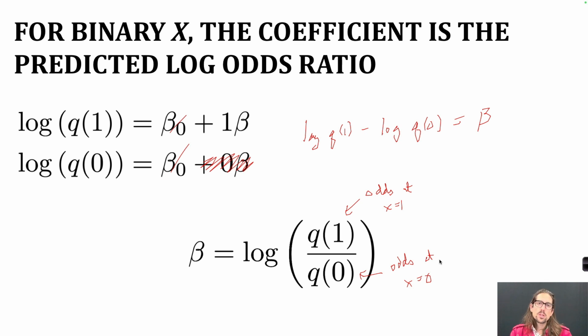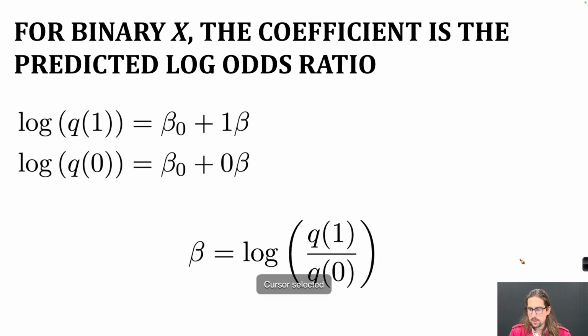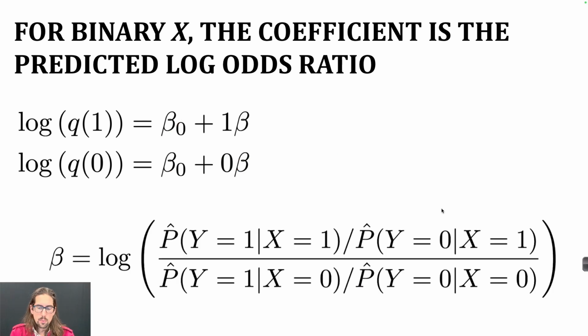So it's the ratio of two odds, which now, let's write that out very explicitly. On the top, we have the odds at x equals 1. On the bottom, we have the odds at x equals 0. And this coefficient is the log of that odds ratio.